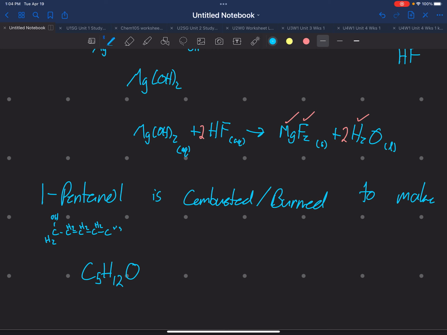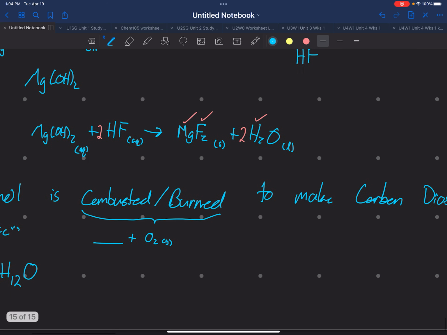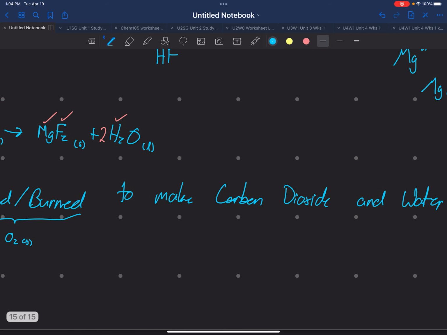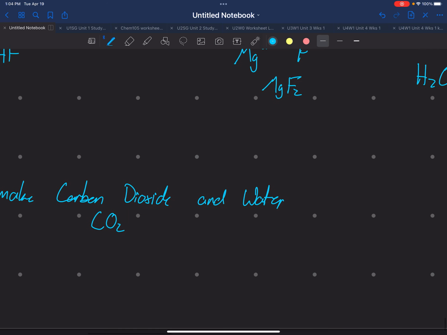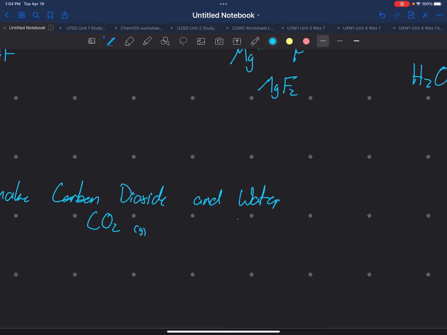Is combusted / burned. So combustion / burned, all it means is it's something plus O2 gas. Okay. To make carbon dioxide, CO2, which is gas, and then water, H2O.